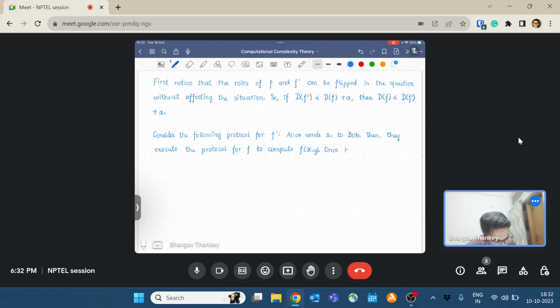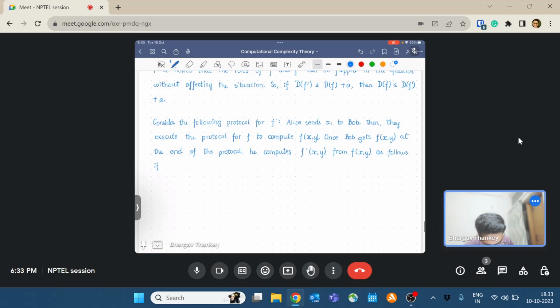Once Bob gets f(x, y) at the end of the protocol, he computes f prime(x, y) from f(x, y) as follows.